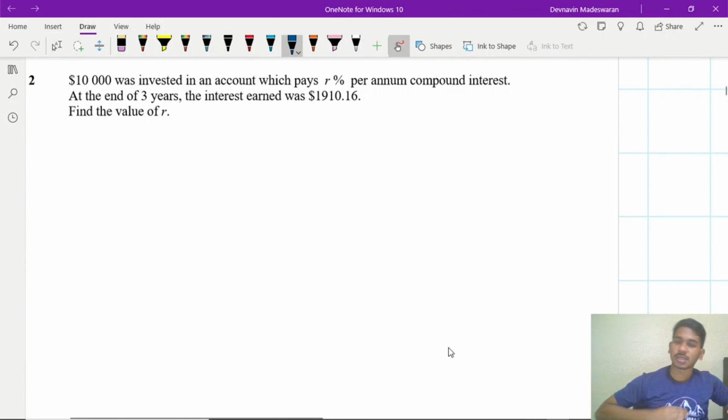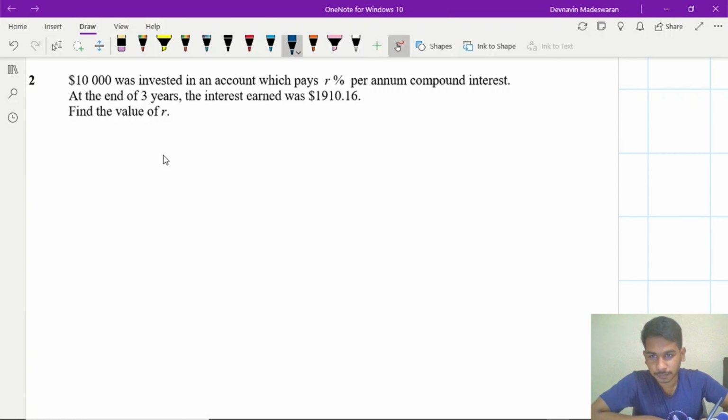$10,000 was invested in an account which pays R% per annum compound interest. At the end of 3 years, the interest earned was that much. So let's try to understand. It's compounded per annum and for 3 years.